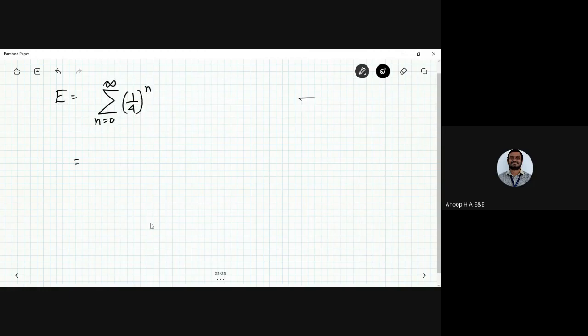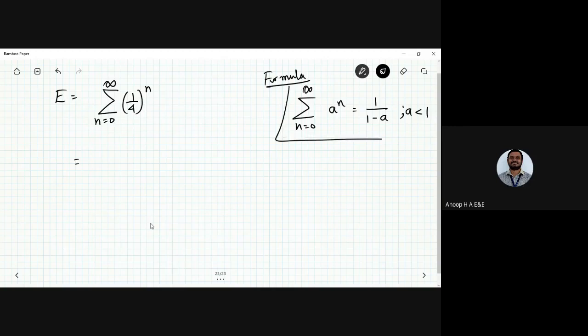Recall from your basics, this is the formula that you are going to remember for summation: sigma n equals 0 to infinity a power n, where a is less than 1, would be equal to 1 divided by 1 minus a.